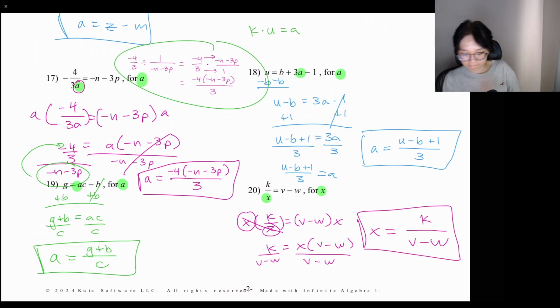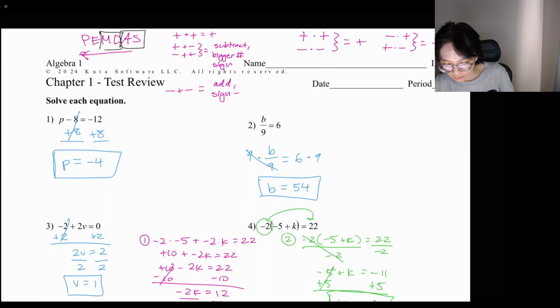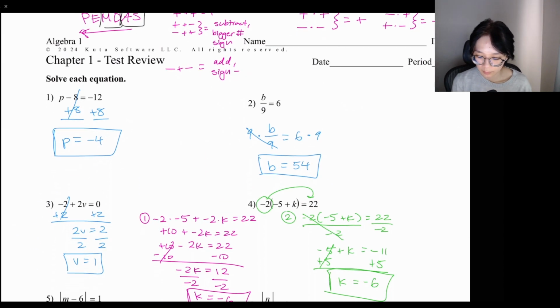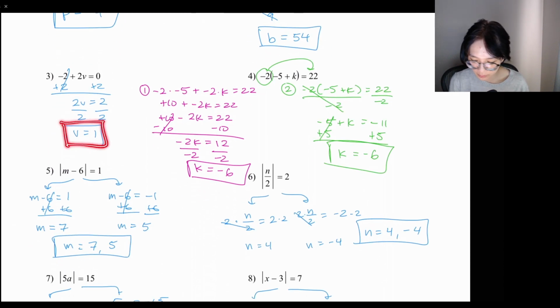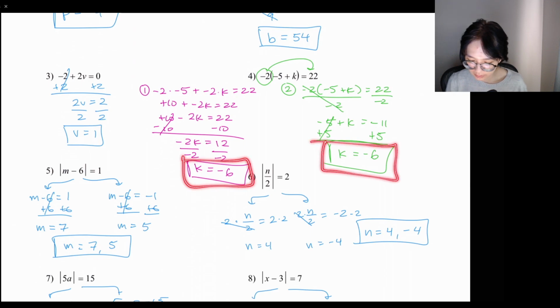And that's it. Just to go over all of the answers real quick. Number 1, P equals -4. Number 2, B equals 54. Number 3, V equals 1. Number 4, K equals -6.